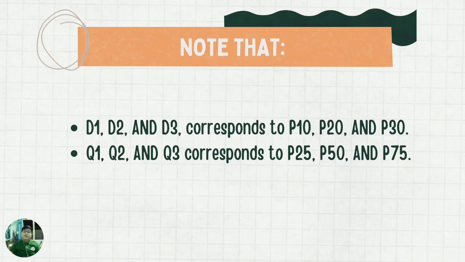We note that D1, D2, and D3 correspond to, respectively, P10, P20, P30. And Q1, Q2, Q3 correspond to P25, P50, and P75.